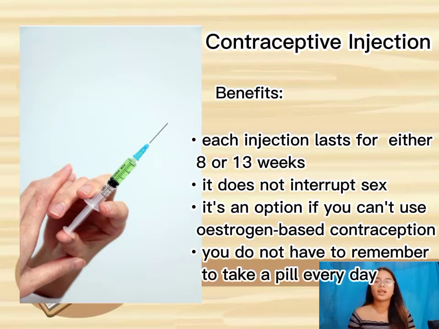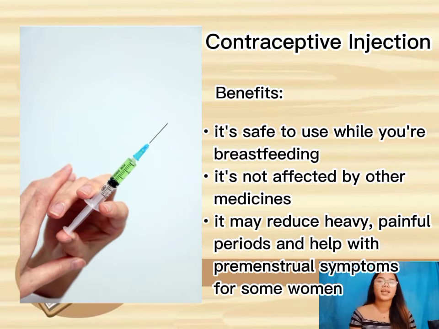Fourth, you do not have to remember to take a pill every day. Fifth, it's safe to use while you are breastfeeding. Sixth, it's not affected by other medicines. And seventh, it may reduce heavy, painful periods and help with premenstrual symptoms for some women.